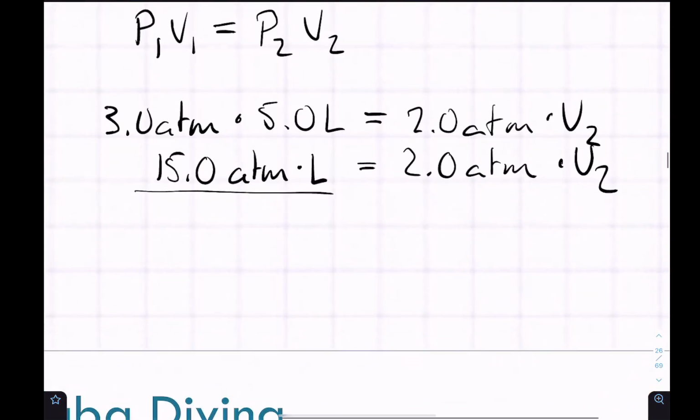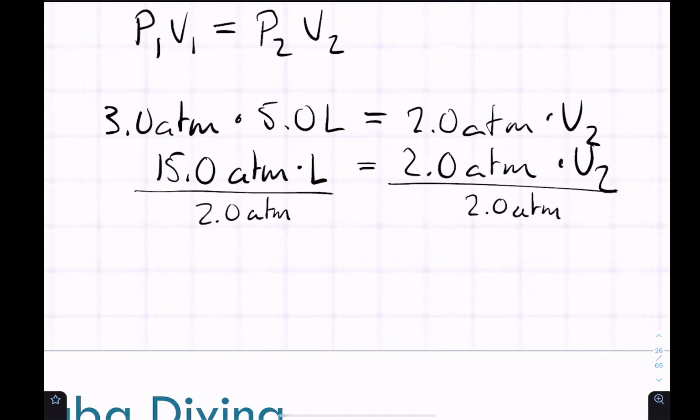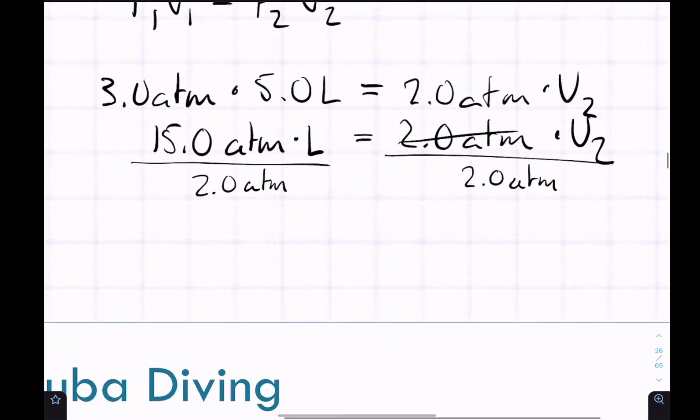So we divide both sides by the 2.0 atmospheres. Those will cancel, and our atmospheres will cancel, and that'll leave us with 7.5 liters equals V2.